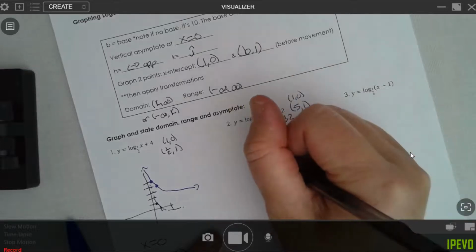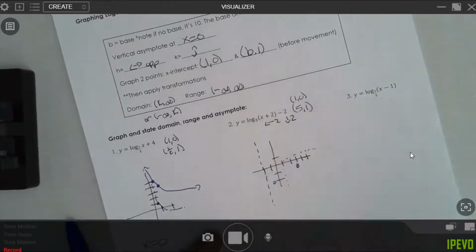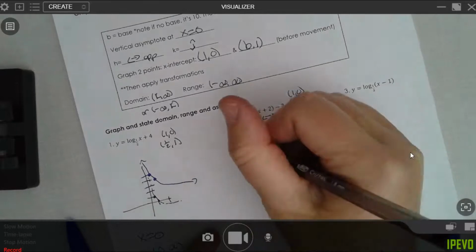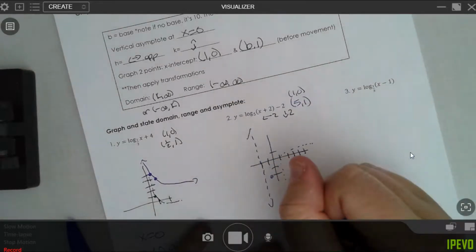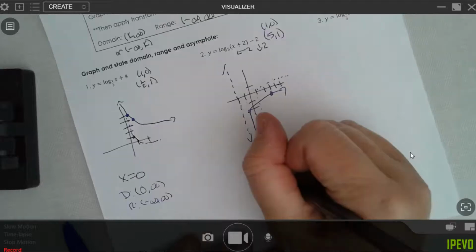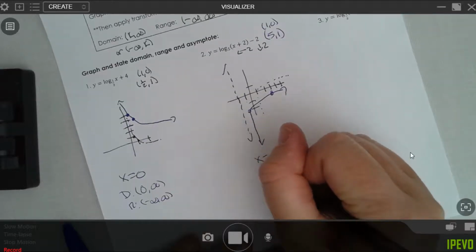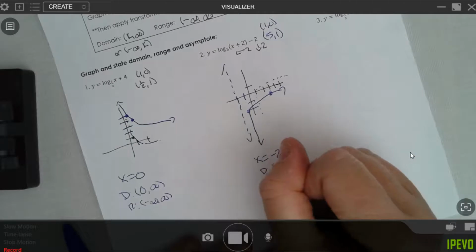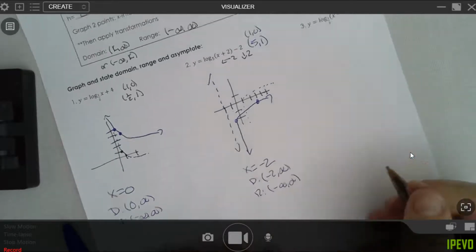My new asymptote is over here at the negative 2 line. So there's my picture. This time x is equal to negative 2. My domain is negative 2 to infinity. The range is still negative infinity to infinity.